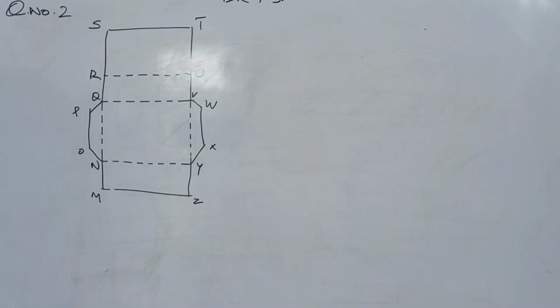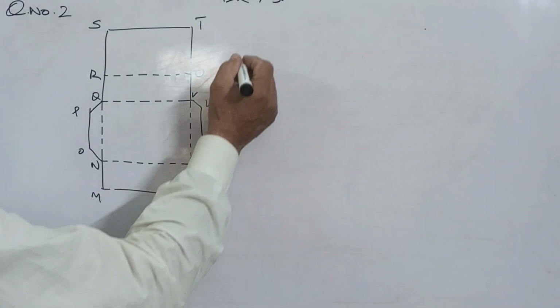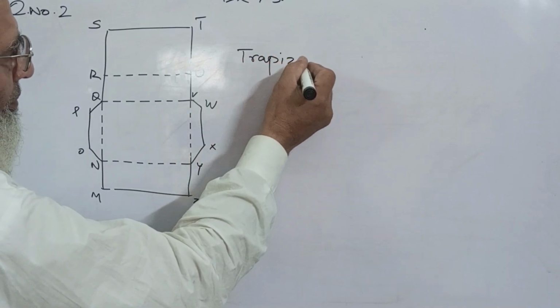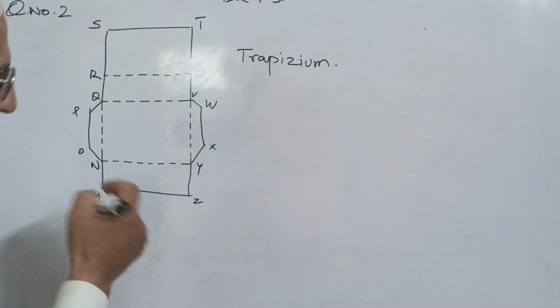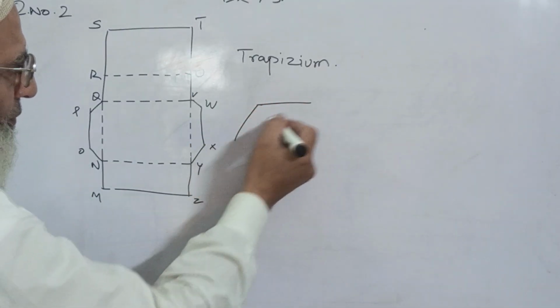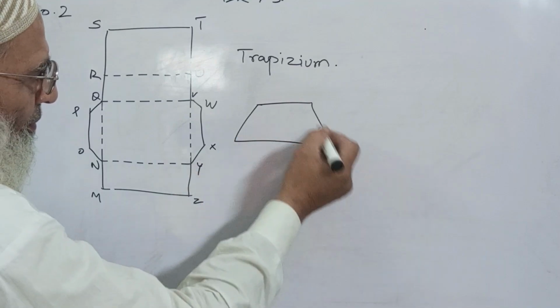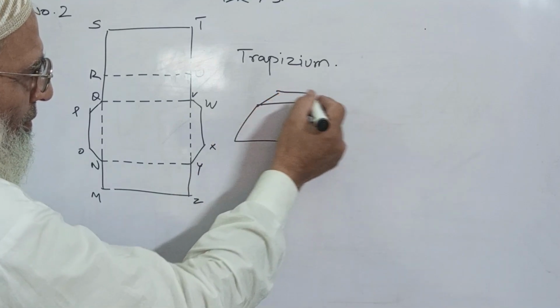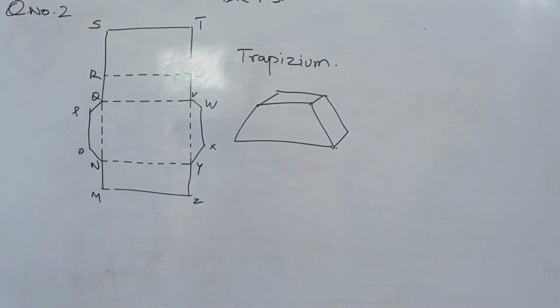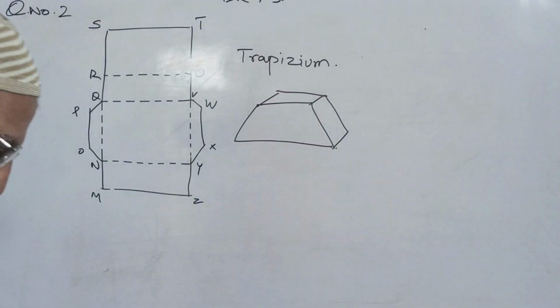And what will happen now? You see what kind of figure I will see here: it is a trapezium. Okay, it is a trapezium.